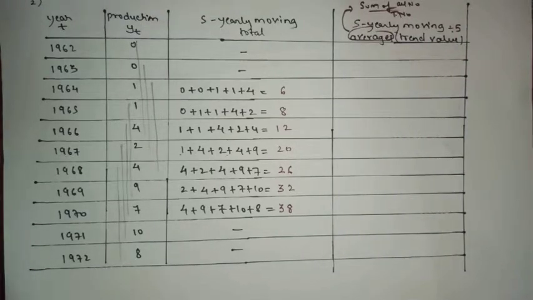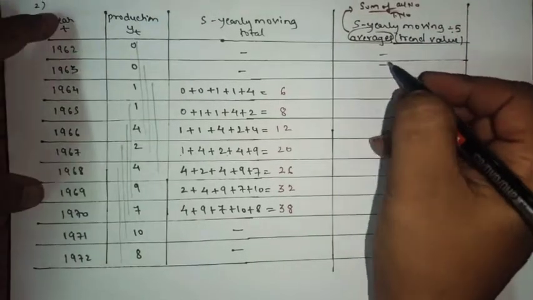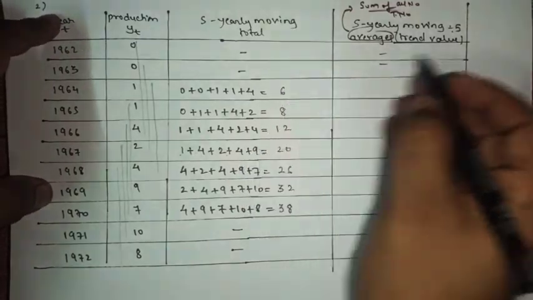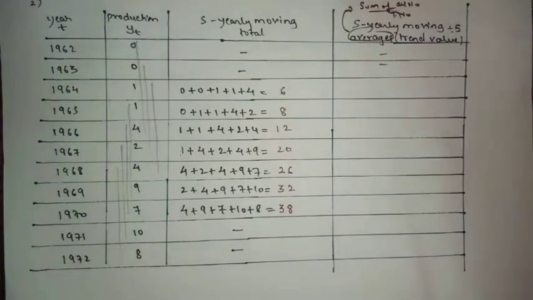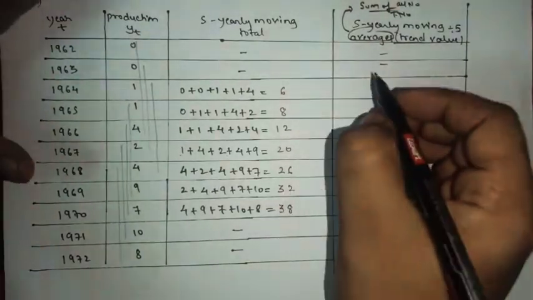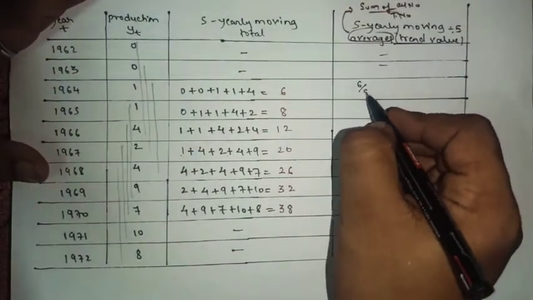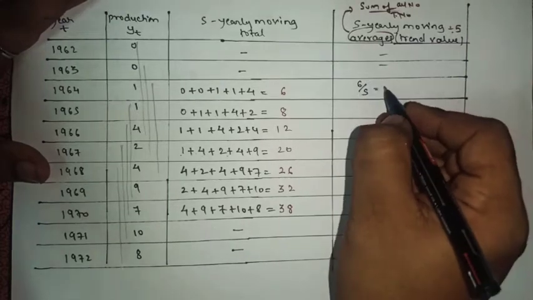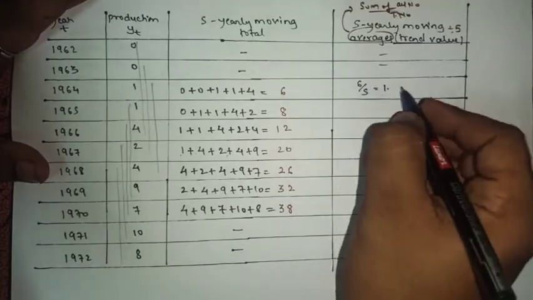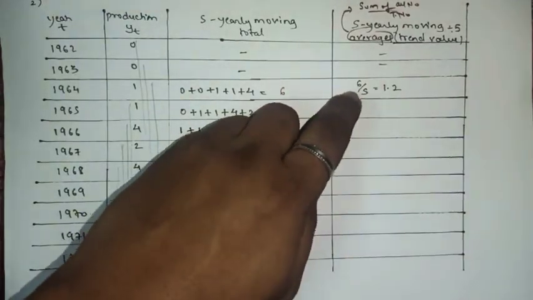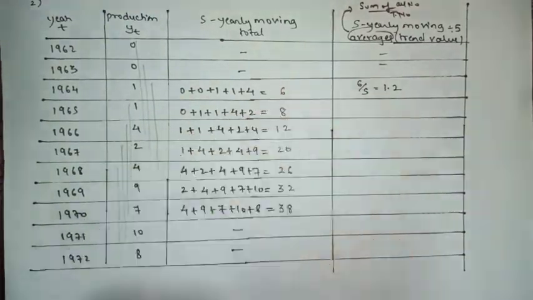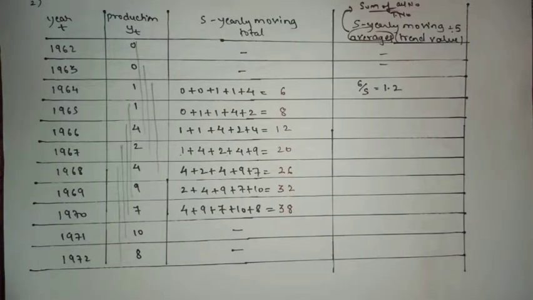So we'll keep the first and second blank. 6 divided by 5. 5 ones are 5, so we are left with 1, so you will get 1.2. No need of showing this step, no need of writing this 6 by 5. You can directly divide and write your answer.